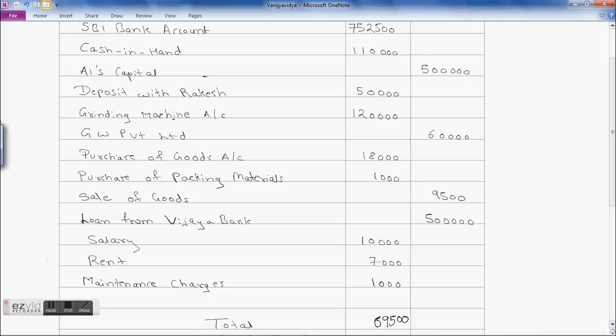So carry forward is 1. So 7, 8, 9, 10. So total comes to 10, 69, 500. Now let's see what is the total of credit side. You have 5 lakh plus 5 lakh, that is 10 lakh, 10 lakh 60,000, and 9,500. So same is the total of the credit side.